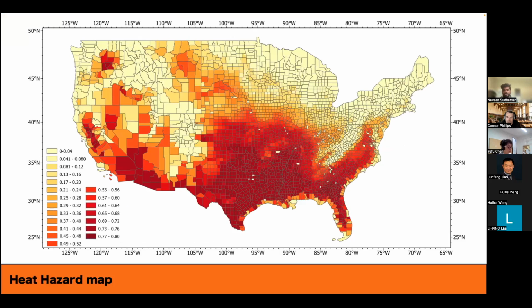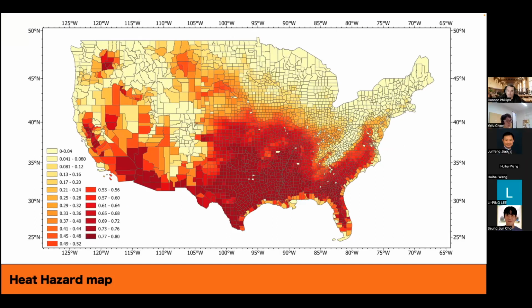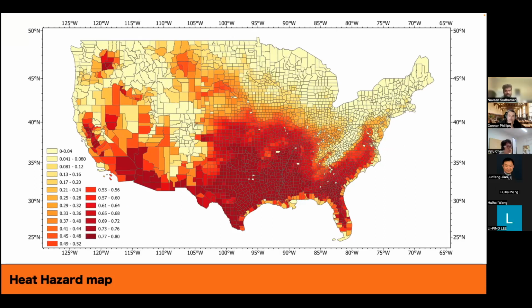So going into the results, this shows the hazard map for the US, for more than 38 degrees Celsius of UTCI, and at least 3 continuous days of that particular temperature. In the case of hazard, we have gone for an AND approach, whereas there is another approach called the OR approach.